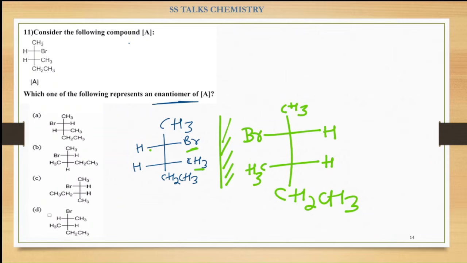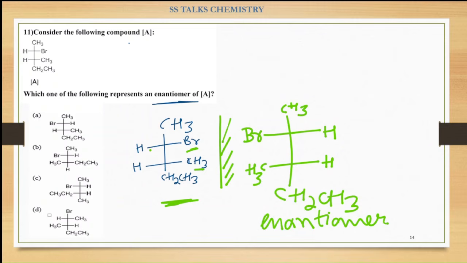The hydrogen goes to the other side. So this is the exact structure of the enantiomer, the mirror image of this molecule, which is non-superimposable over it. If you try to place this molecule over its mirror image, you will see they do not superimpose over one another. This is the meaning of enantiomers.